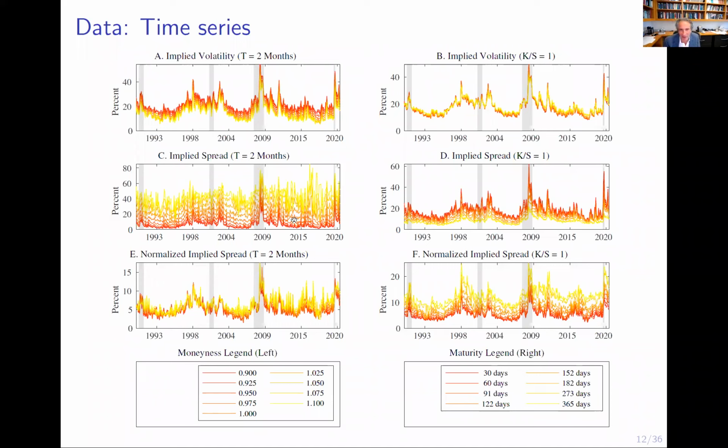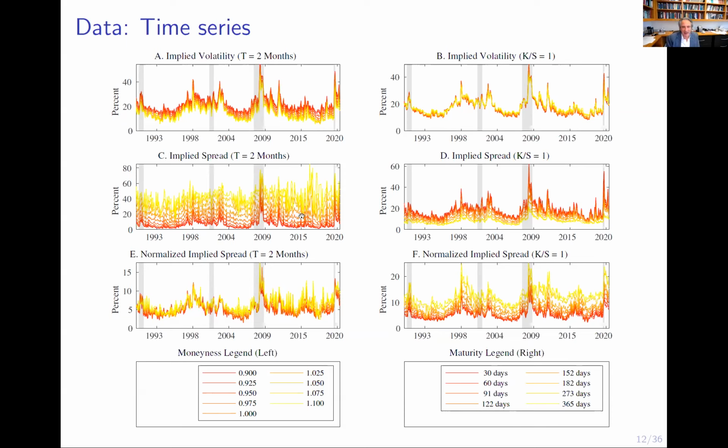If you want to think about corporate bonds, of course, it's a term structure of corporate spread or implied spread, which will depend on leverage. That's just the difference between one and the other: leverage. They go up and down. If you keep leverage the same and vary only maturity, you see a little more of the shape going up and down. Similarly, normalized implied spreads now really start looking like implied volatility. They all cluster together.